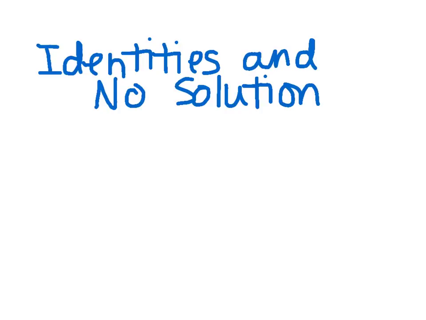There's not as much to look at today, but there are two types of equations that we actually never did explore last year. One could be illustrated by the following.